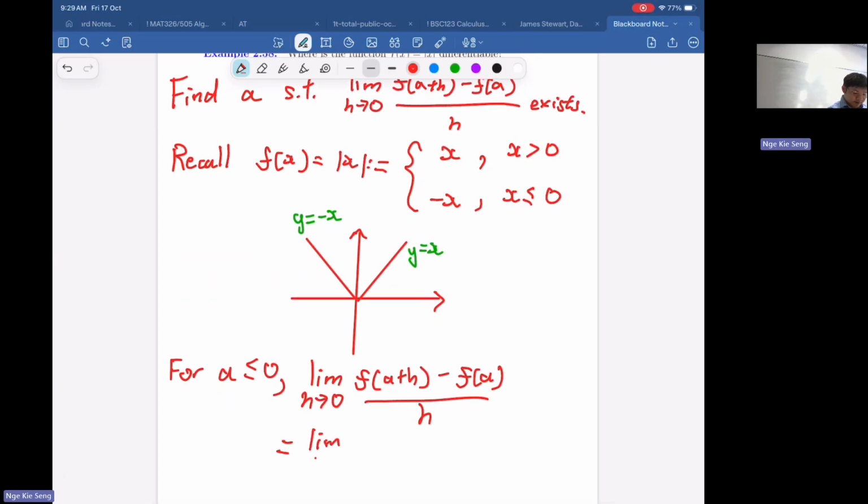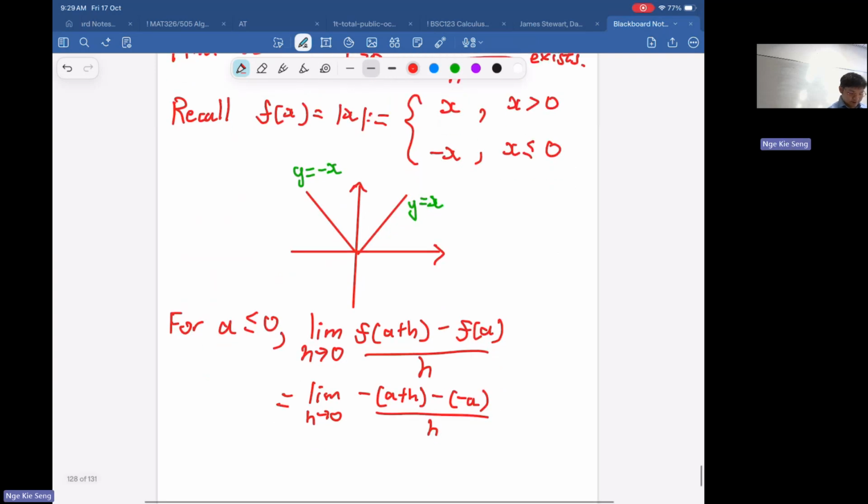Because a is less than or equal to 0, you can just use the definition: minus (a plus h) minus (minus a), over h. Minus a plus a is 0, so we get minus h over h. So in the end, we just get minus 1.